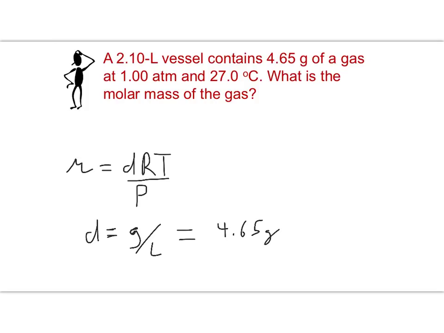4.65 grams divided by 2.10 liters will give us a density of 2.21 grams per liter.